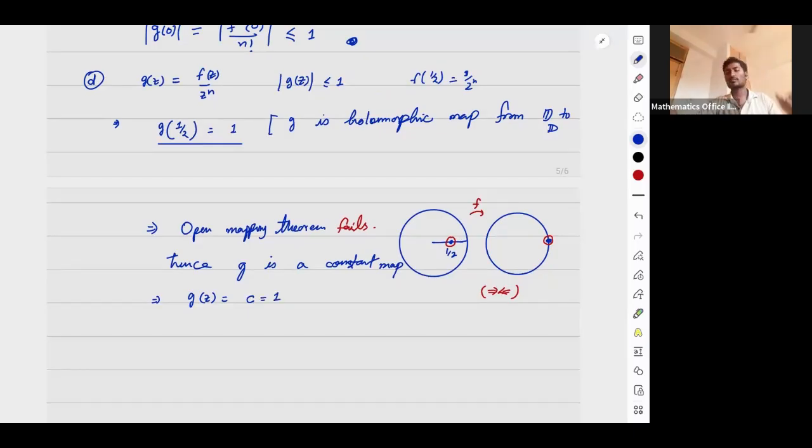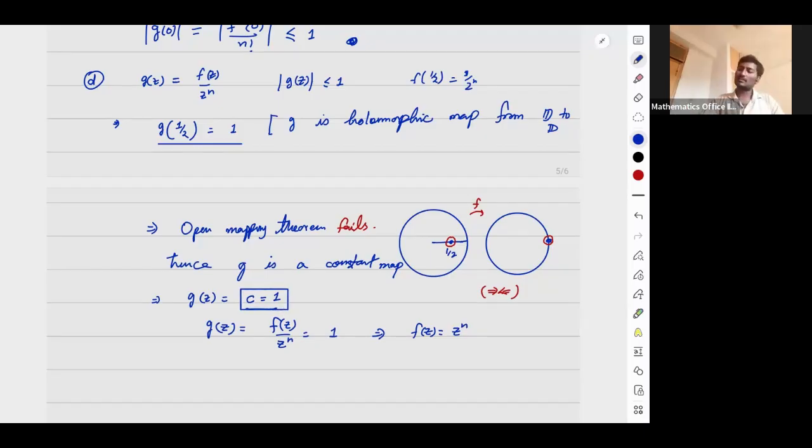Now we are mostly done, because c equals f(z) divided by z to the power n, which is equal to 1. This implies f(z) is exactly equal to z to the power n. So that constant c is equal to 1.